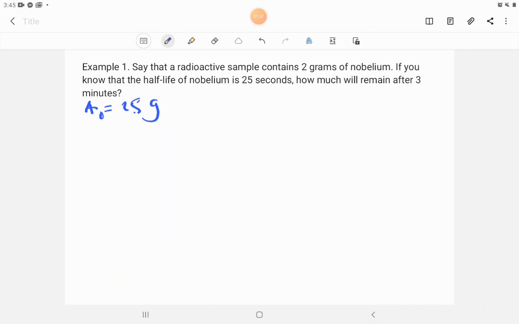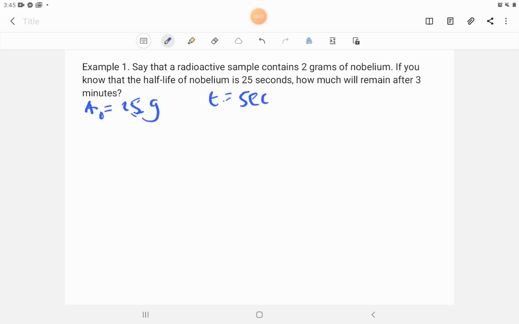If you know that the half-life of nobelium is 25 seconds, how much will remain after 3 minutes? In order for us to be consistent with our units, we'll use time in terms of seconds. So let's convert 3 minutes to seconds, which is 3 times 60, that is 180 seconds.